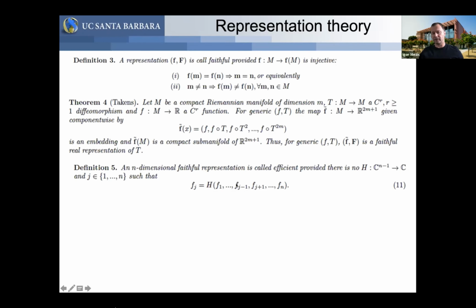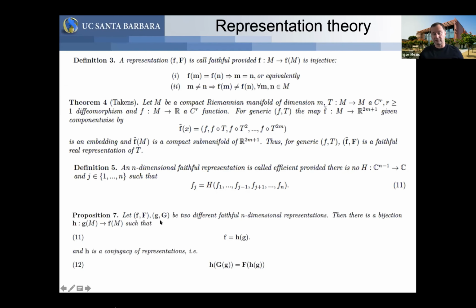Think about x dot is equal to lambda x, where lambda is a constant, and then x squared is kind of useless because it's an additional function, but it depends functionally on x.